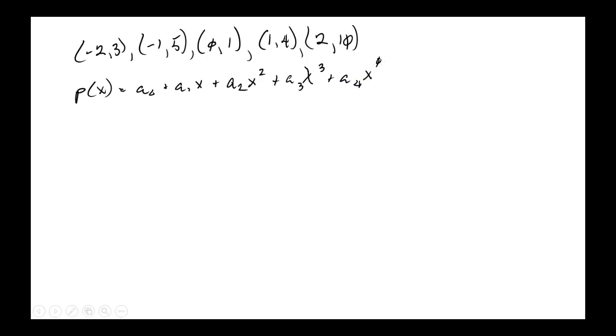Okay, 5 parameters here. That's what we need to find. Those 5 a's, a0 through a4. There's 5 of them. Okay. Now, what are the values? We know that.